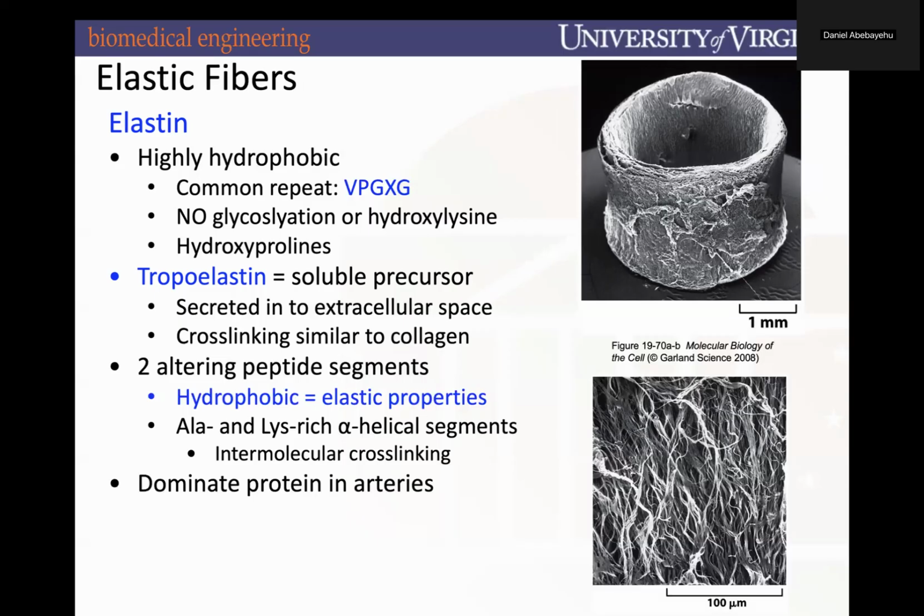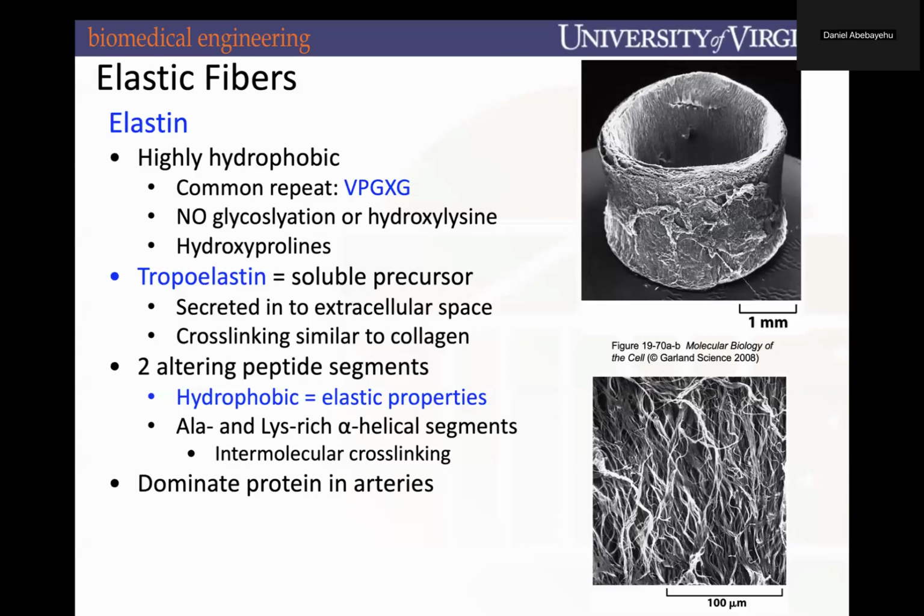While most proteins in their precursor form have a prefix of pro, elastin's precursor form is called tropoelastin. What's important to note is that mature elastin is typically very hydrophobic. That's not the case with its precursor form.